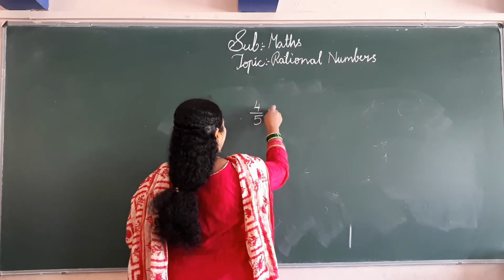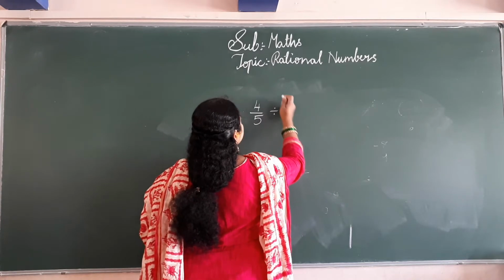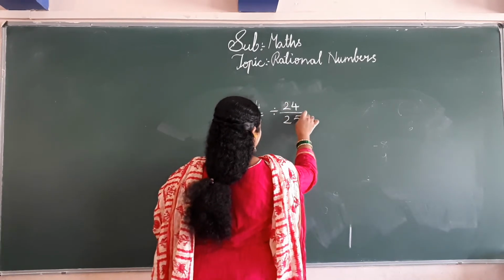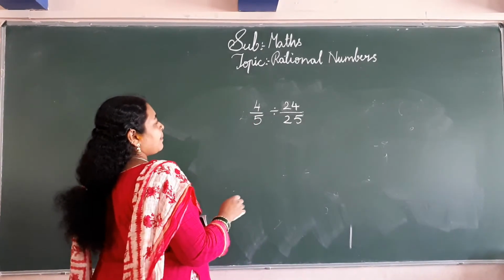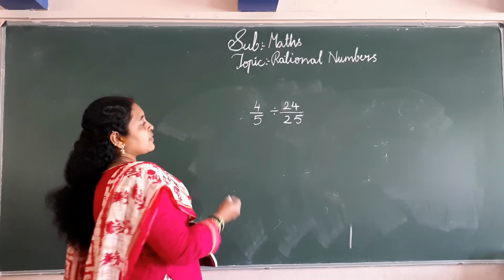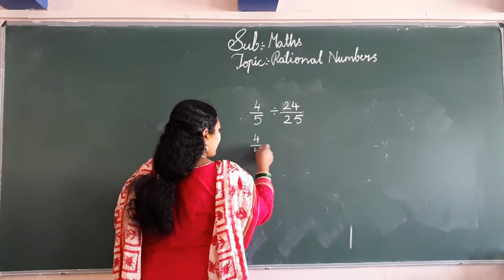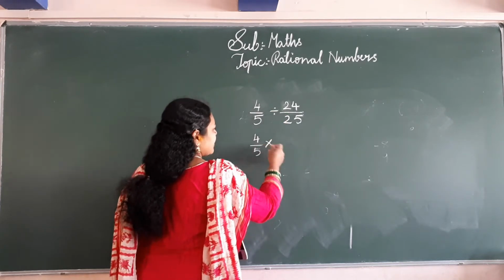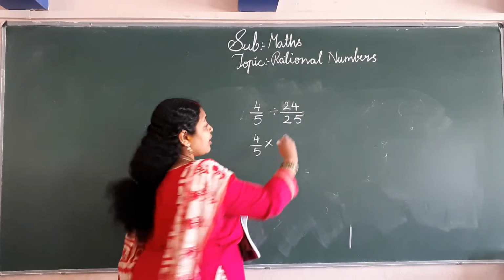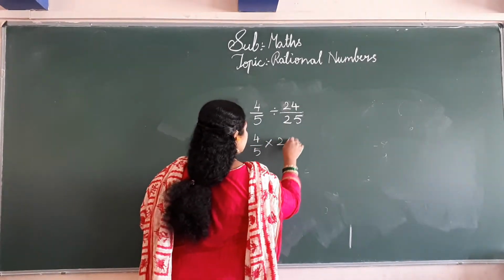4 by 5 divided by 24 by 25. Okay, 4 by 5 divided by 24 by 25. So here, as the usual method, we know 4 by 5, we will change the symbol and reciprocal the second number, isn't it?